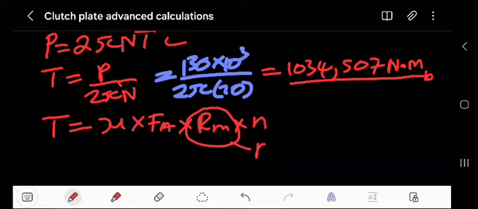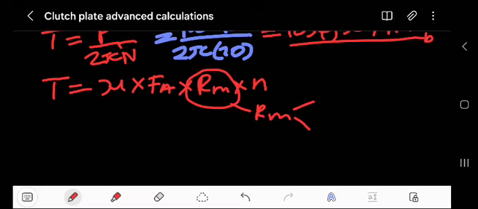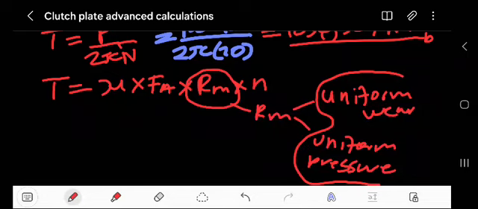But R m, the mean radius, will depend on the type of theory that you are given, whether you are given uniform wear or uniform pressure theory. It depends on the two.